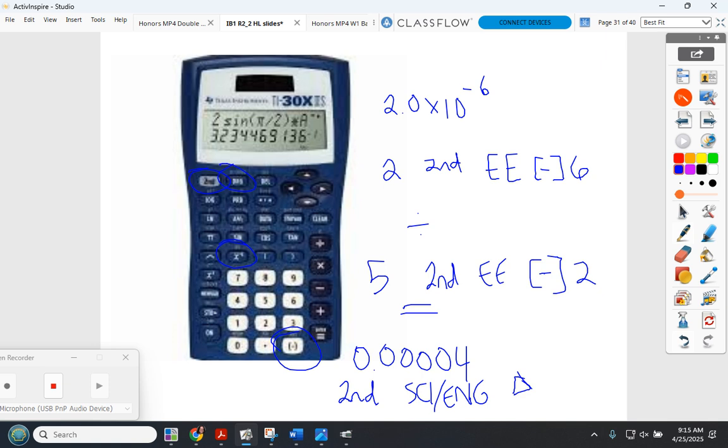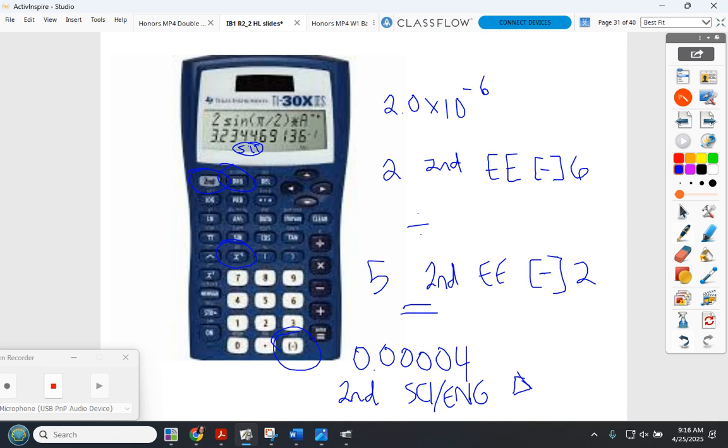You'll get a little SCI there if you have scientific notation on the calculator. If you see that and you don't want scientific notation, you just go second SCI, and then use the arrow keys to go back to float. Okay. All right.